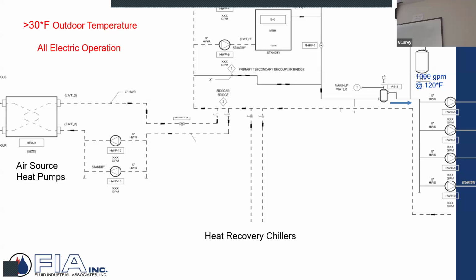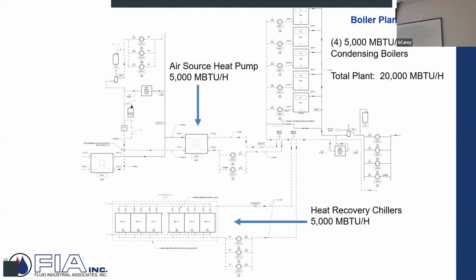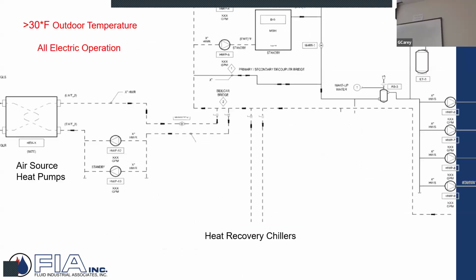So we'll kind of go through some scenarios saying, hey, I got 1,000 gallons a minute at 120 going out to the building, which means, and again, back to that 20 degree, you got 100-degree water coming back at a flow rate of 1,000. And I got a heat recovery chiller. What did I say back here? I got 5 million BTUs here and I got 5 million BTUs there.